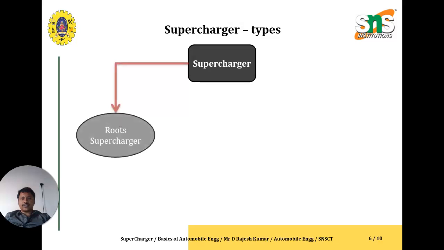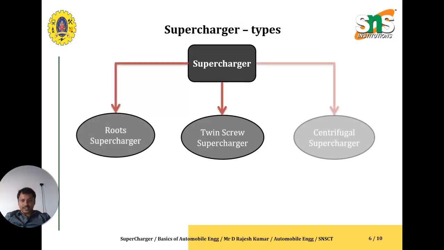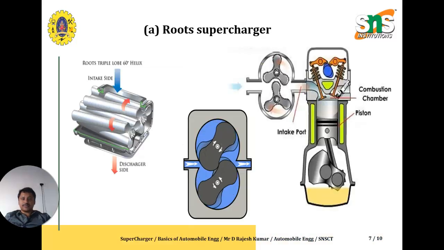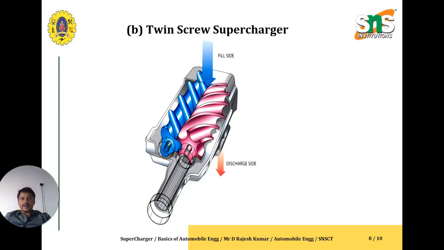There are three types of superchargers, namely the roots supercharger, the twin screw supercharger, and the centrifugal supercharger. You can see the roots supercharger in the animated view. So this is how it moves the air inside the engine. The second one is the twin screw supercharger.